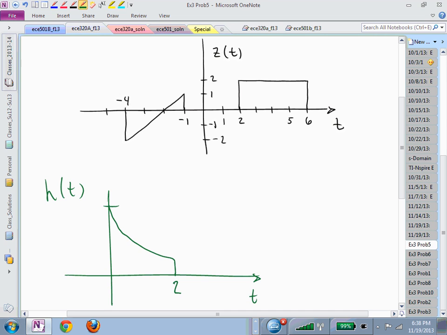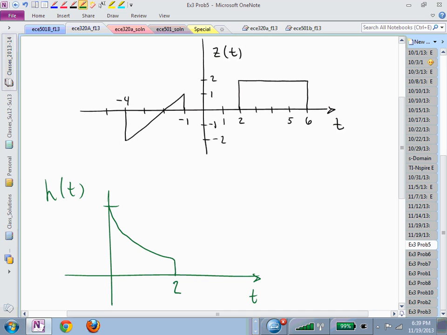So that's a way of checking your work. If you go through this and flip and slide, you should find that you only have a non-zero y between t equal -4 and t equal +8. And beyond those two extremes, your output better be 0. So if you went through the entire convolution problem for these two pictures, that's what you should see.